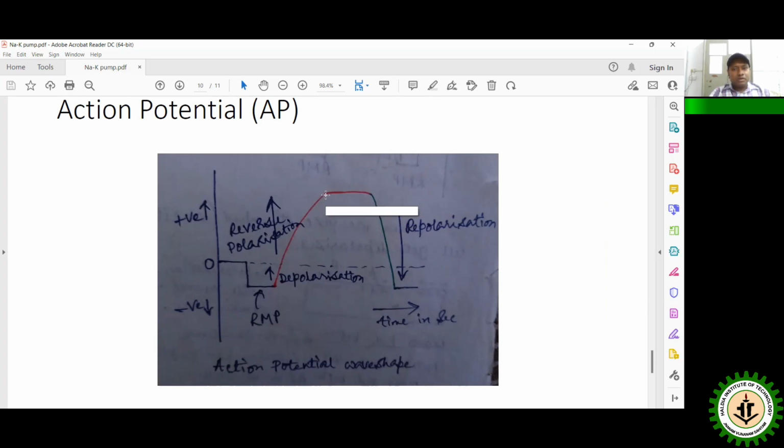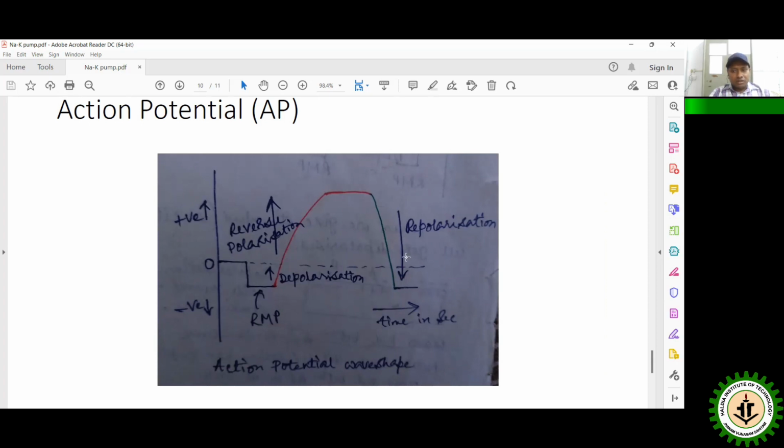Then this reverse polarized state will be retained for some time. As this is the x-axis, time in seconds, after some time this positive value will decrease towards zero, and after zero it will try to get back to its RMP stage.